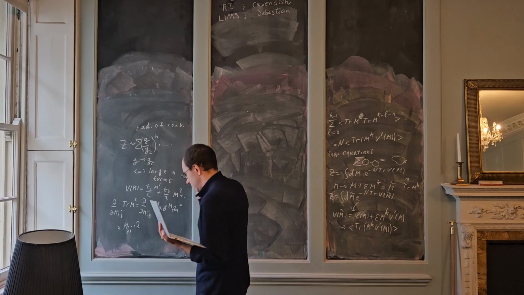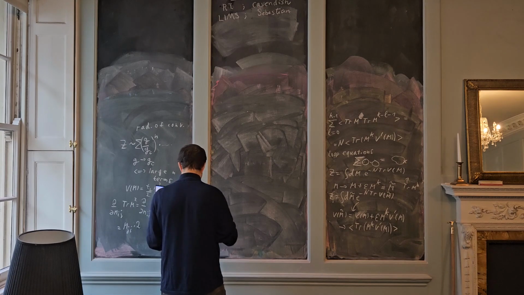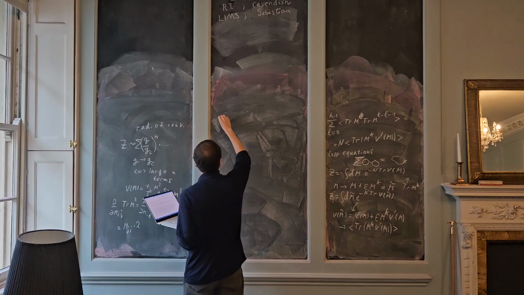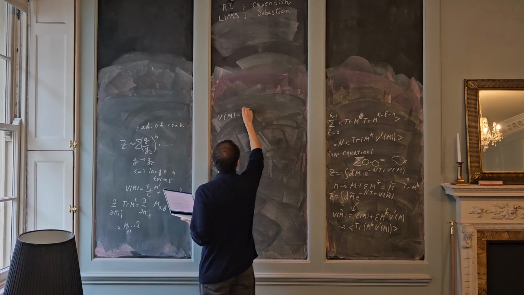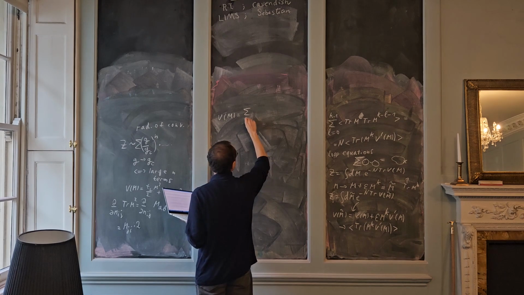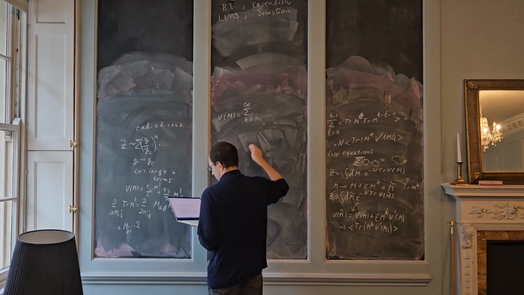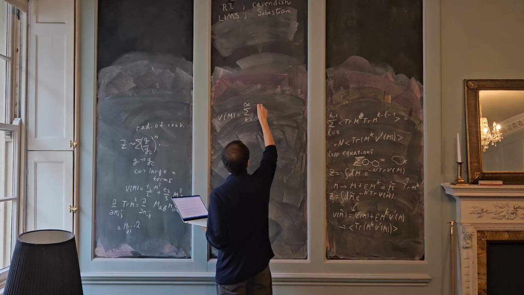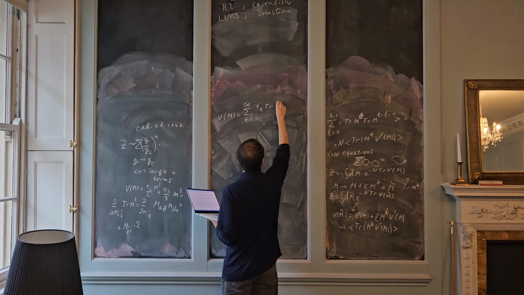So let's consider the most general potential of the kind V of m, some sum from 0 to infinity of t_k trace m to the k.